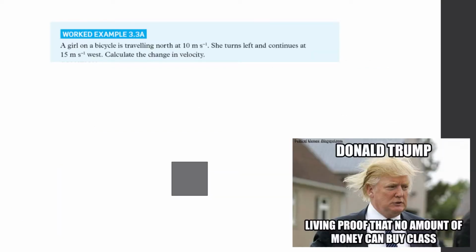Alright, so let's apply our newfound skills in subtracting vectors to a problem. A girl is travelling north at 10 meters per second, and she turns left and carries on west at 15 meters per second. So if we remember from the last slide, delta V equals final velocity, which in this case is 15 meters per second west.